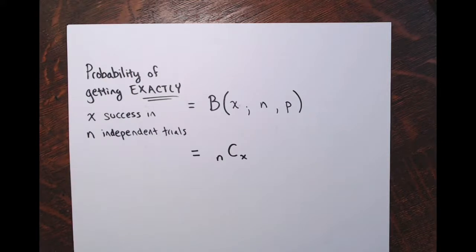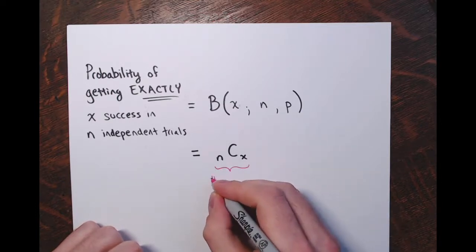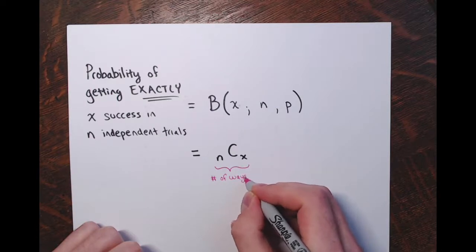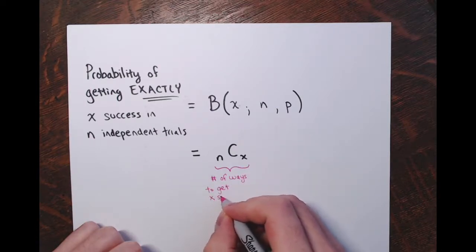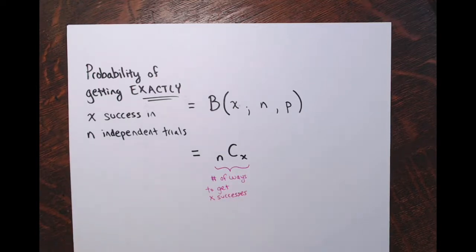So this is us counting the number of ways to get those X successes in the N trials. That's what this N choose X is for.